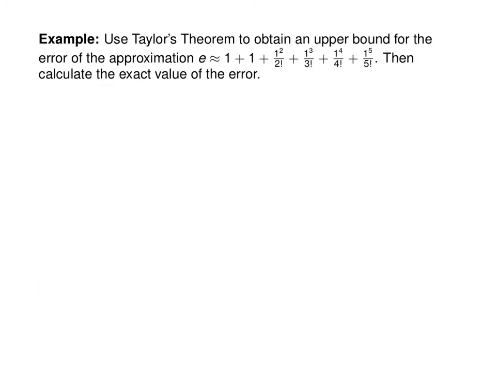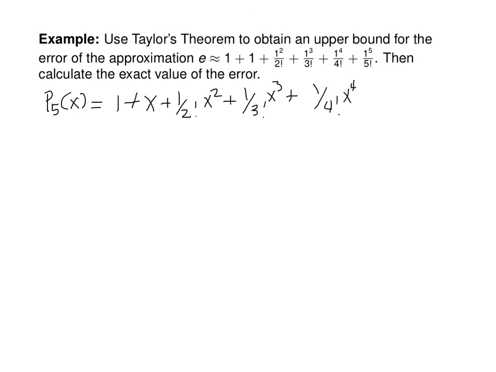Next, use Taylor's theorem to obtain an upper bound for the error of this approximation, and then calculate the exact value of the error. So first of all, what we have to notice is that what we have here is P5 of x, the Maclaurin approximation of e to the x, 5th degree, which is 1 plus x plus 1 over 2 factorial x squared plus 1 over 3 factorial x to the 3rd plus 1 over 4 factorial x to the 4th plus 1 over 5 factorial x to the 5th.